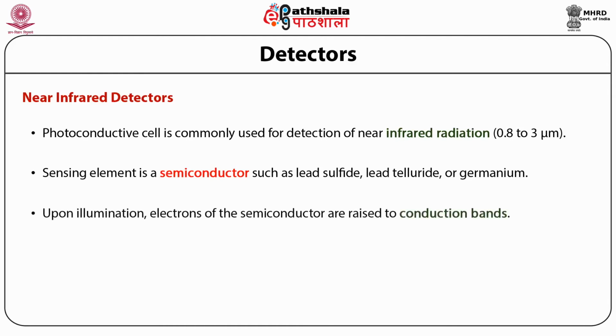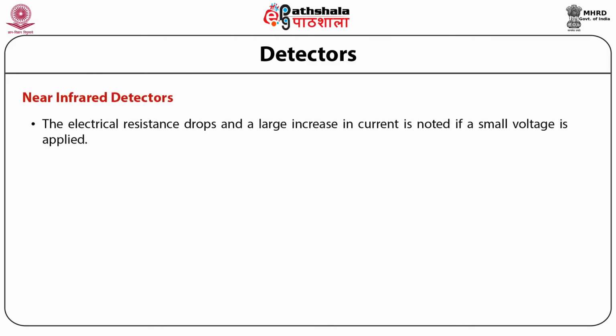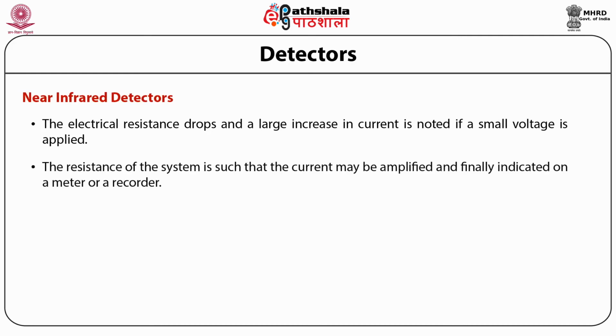Upon illuminating with radiation of appropriate wavelength, the electrons of the semiconductor, most of which are non-conducting, are raised to conduction bands. The electrical resistance drops and a large increase in current is noted if a small voltage is applied.